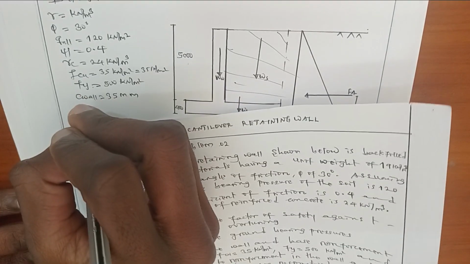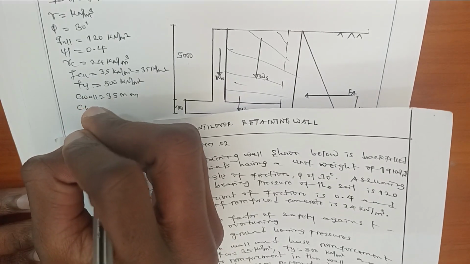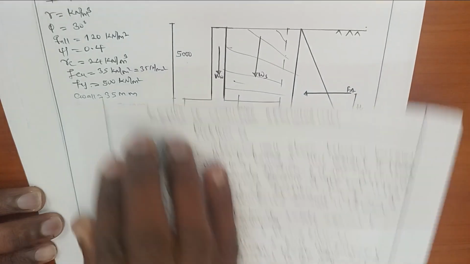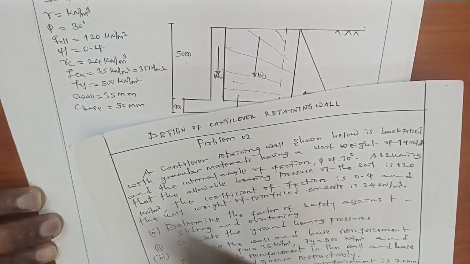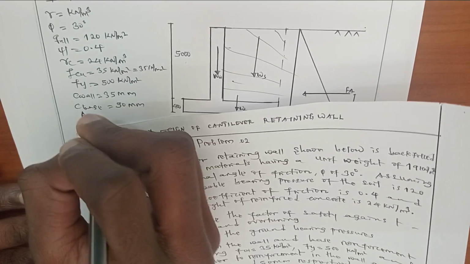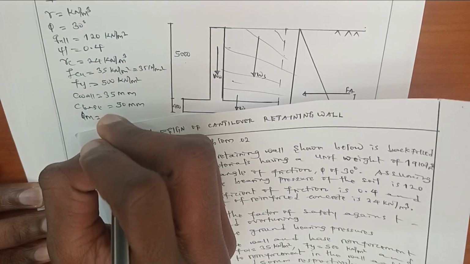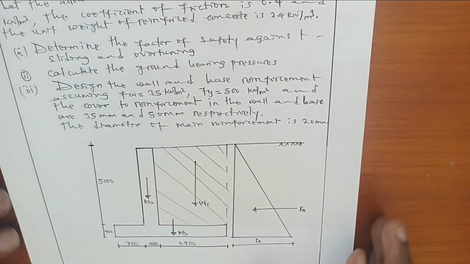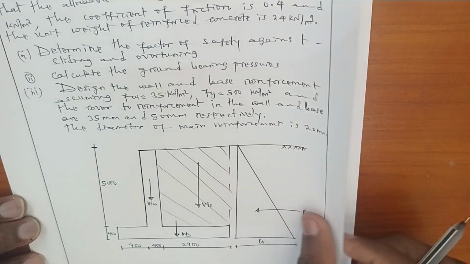Also, the cover for the base we have given is 50 millimeter. Also, we have given the diameter of main reinforcement, which is equal to 20 millimeter. As this is our problem, we are required to design step by step up to the final step, which is detailing. Now, let's start step by step.